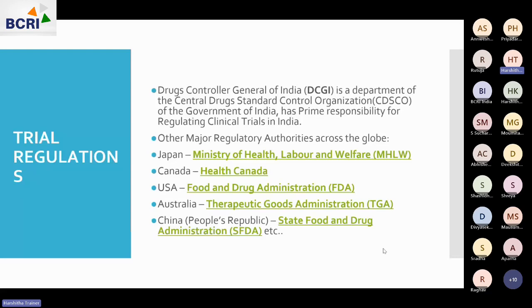Another example, Covishield is not used in USA because they have rejected the drug usage. But still India is using Covishield, right? And there are many drugs which are available in USA that are not applicable or approved in India. So each country has its own set of import and export criteria to have a drug in their country.